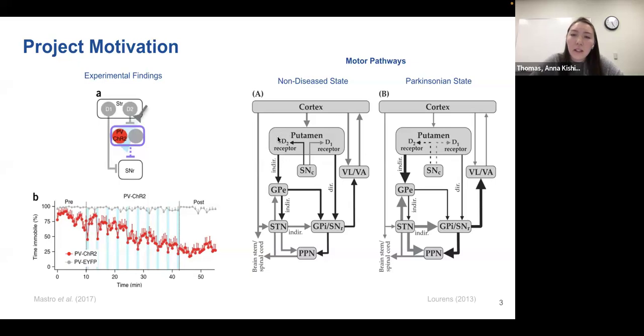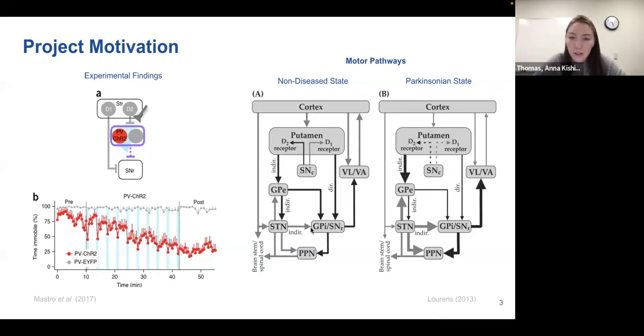The black arrows mean that when the source where the arrow is coming from is more active, the end of the arrow, the receiving part, becomes less active. The gray ones mean the opposite: if this one becomes more active, then the receiver also becomes more active. So these have been studied quite a bit, and we now want to model these two populations specifically and use what we know about the connectivity to explain some of the dynamics.